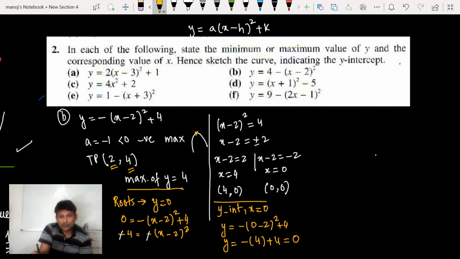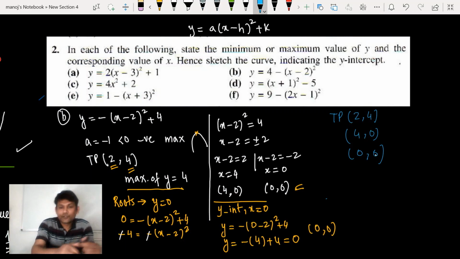So your y-intercept also comes as (0, 0). This is also (0, 0). Now how many coordinates do we have? First is the turning point, (2, 4), then (4, 0) and (0, 0). Now we are doing the sketch.